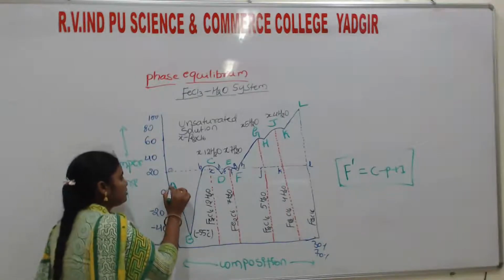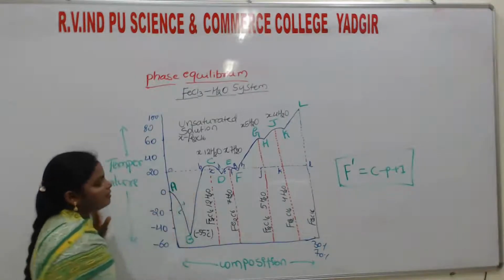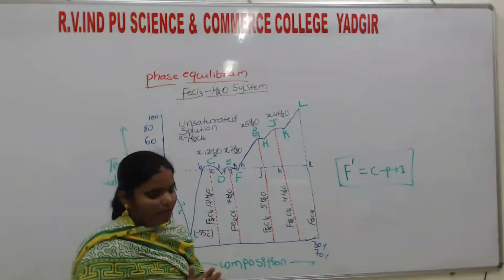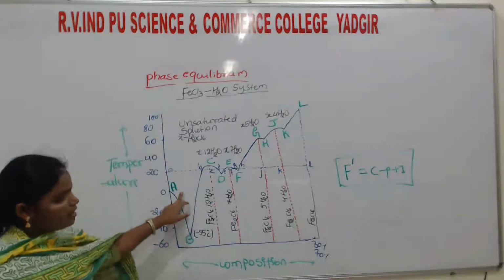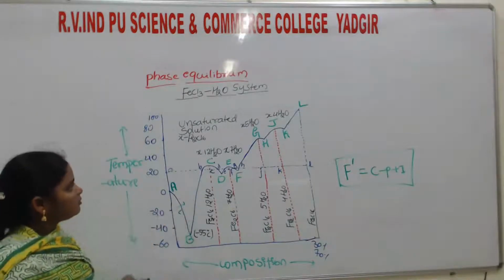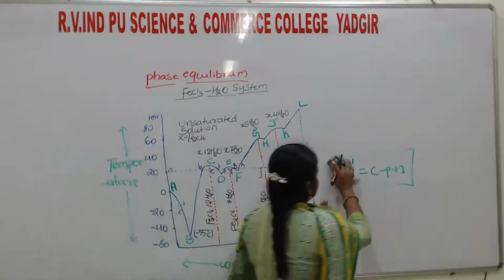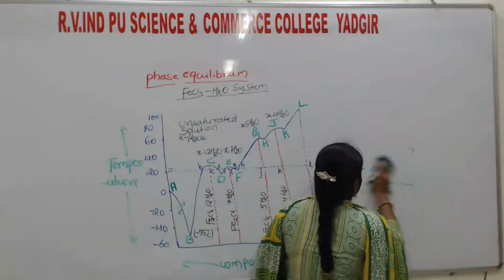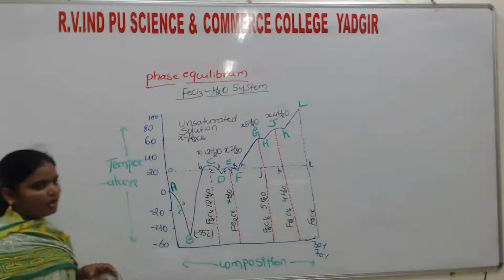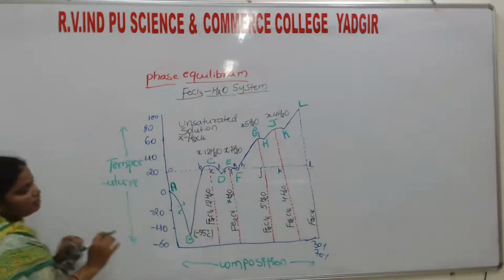First, I consider the curve AB at point B. Consider here and here.